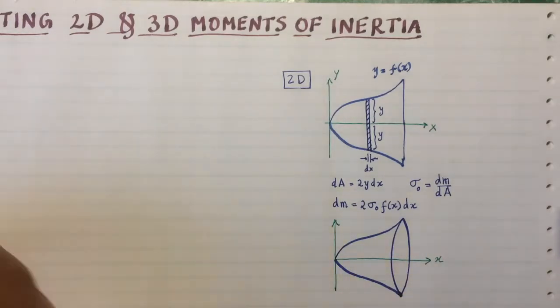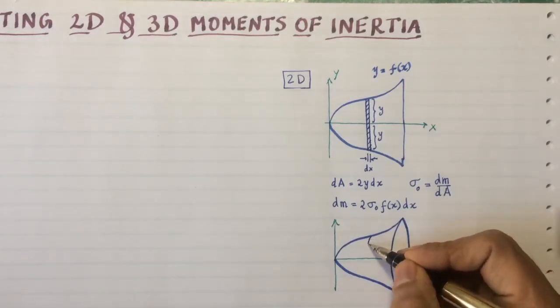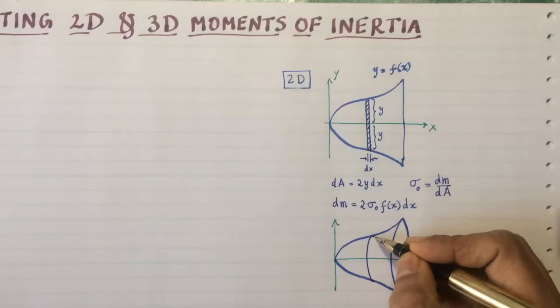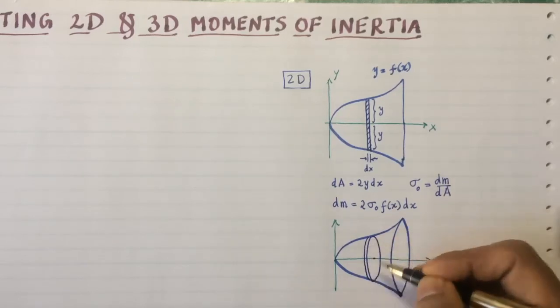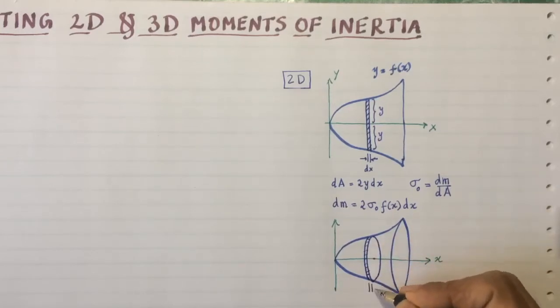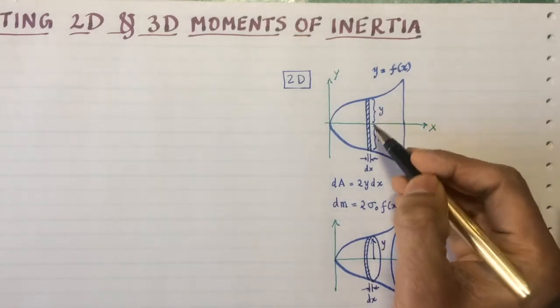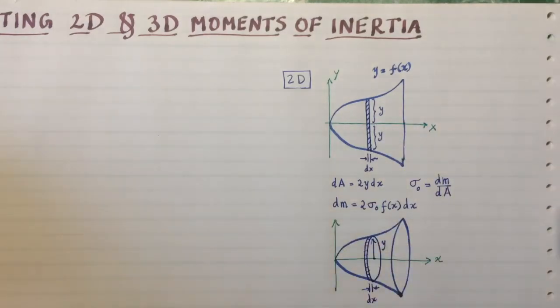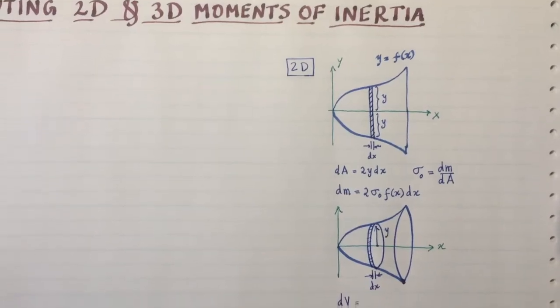The mass elements are no longer strips, but they have to be considered as disks. The disks have the same width dx, and the radius of the disk is now what used to be the height of the strip. Let's write down the volume of this disk. The volume is given by the area times the thickness.